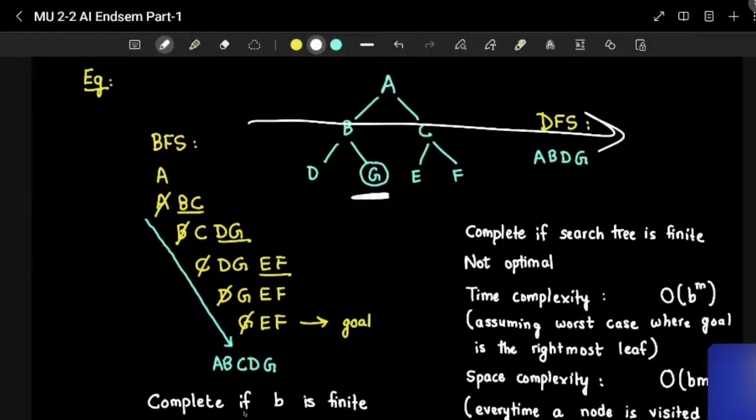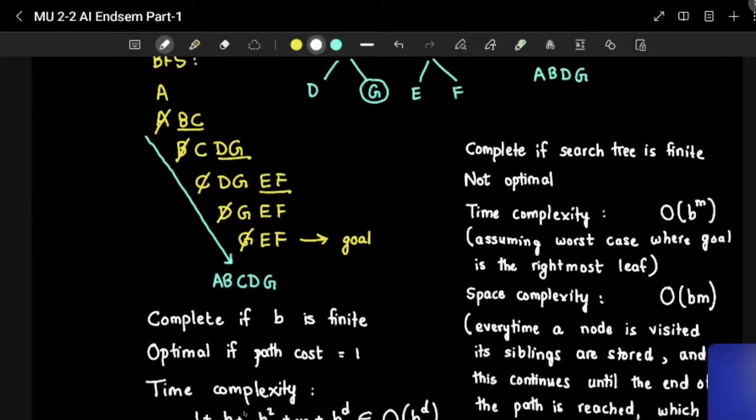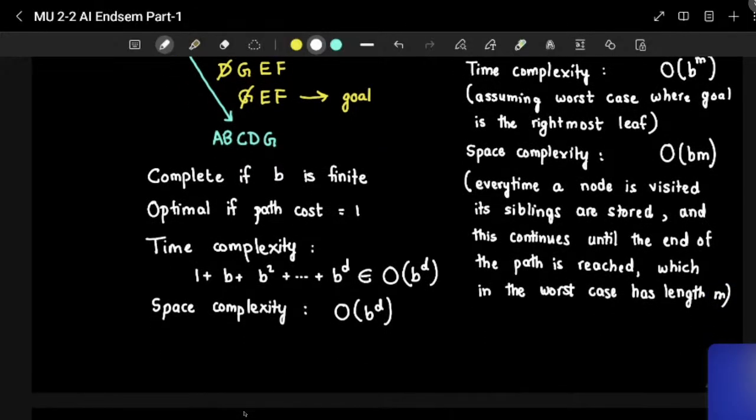It should be guaranteed, but there's no guarantee here. If the max branching factor is not finite, you will never reach a solution. So for it to be complete, B has to be finite.